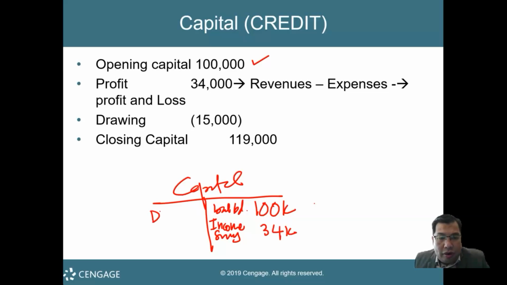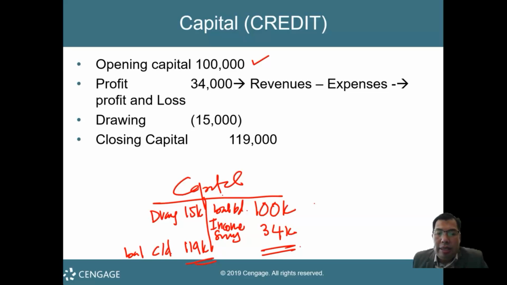And then from your drawing, 15,000. So your new balance for capital is 100,000 plus 34,000 minus 15,000. So your capital balance is 119,000. So this is your capital.